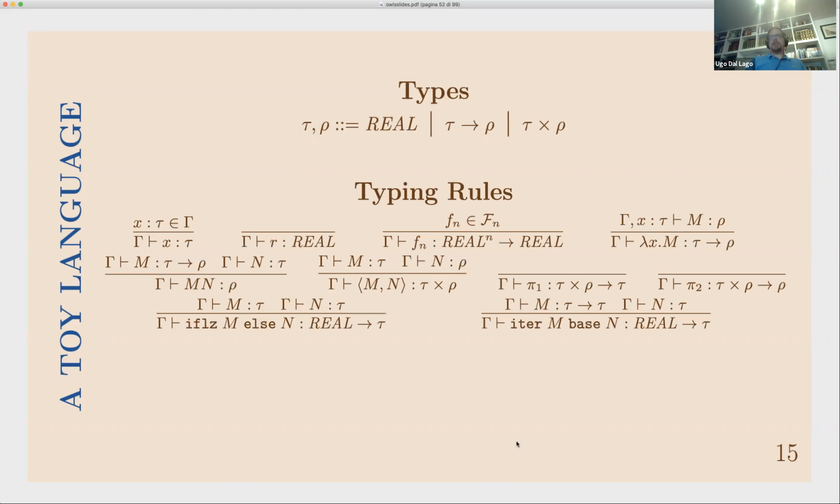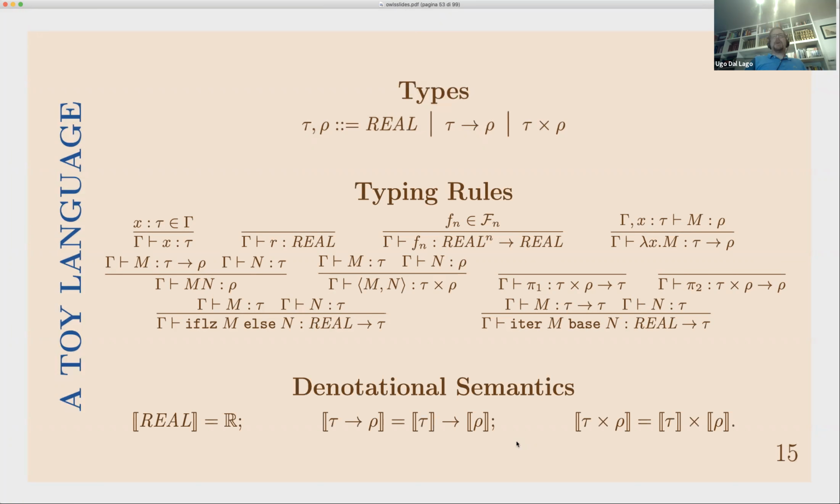You get the typing rules, which are very much standard, nothing so surprising about it. And then you have a denotational semantics in terms of sets, which is itself very standard and very natural. So arrows and products are interpreted as the corresponding constructions at the level of sets. So there is nothing surprising about all this.